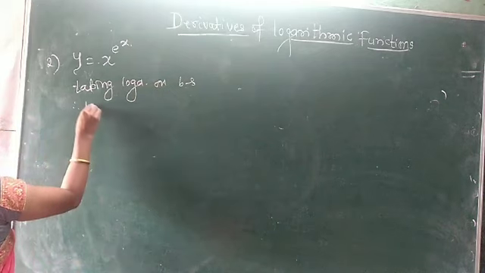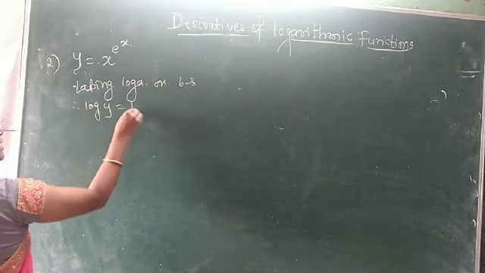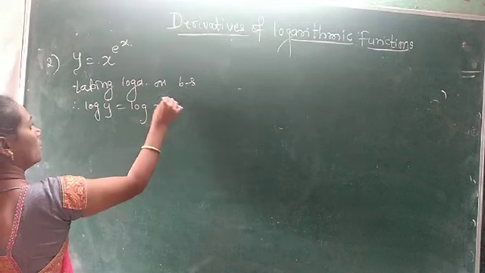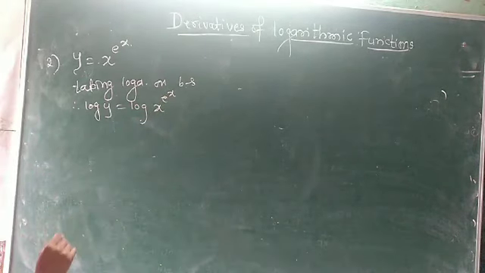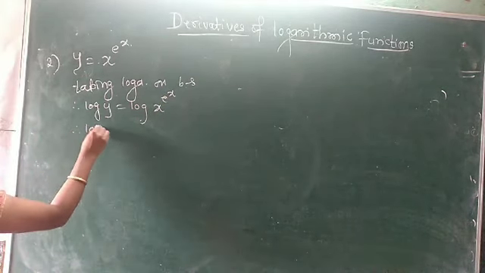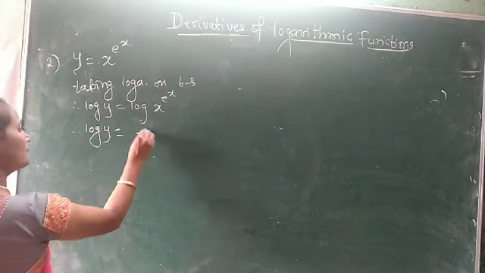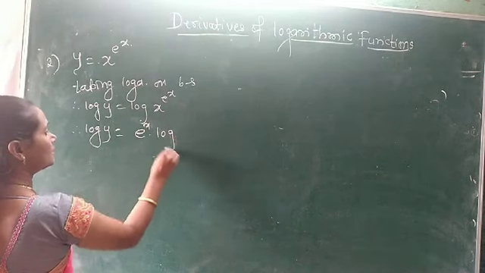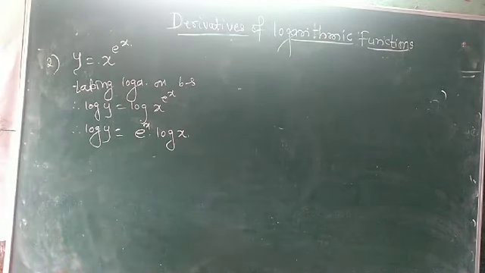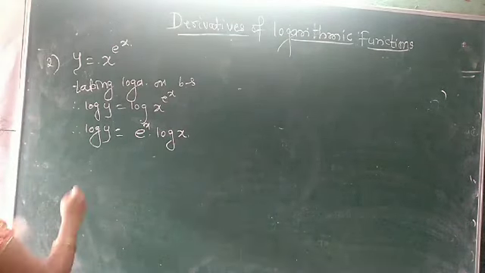Therefore, log y is equal to, first only apply log x e raised to x. So, log y as it is. Now log x e raised to x, we can write e raised to x into log x.